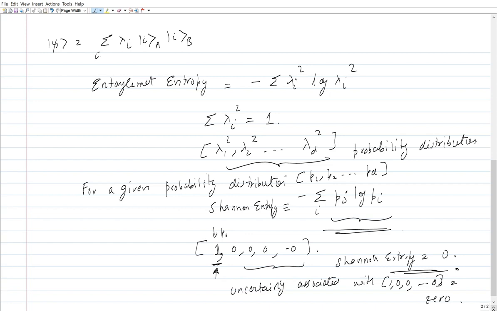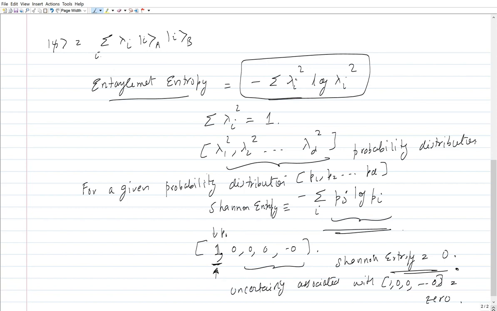So in our case, the entanglement entropy, or the Shannon entropy associated with the Schmidt coefficients, tells me about the degree of entanglement, or in other words, how far from a product state a given state is.